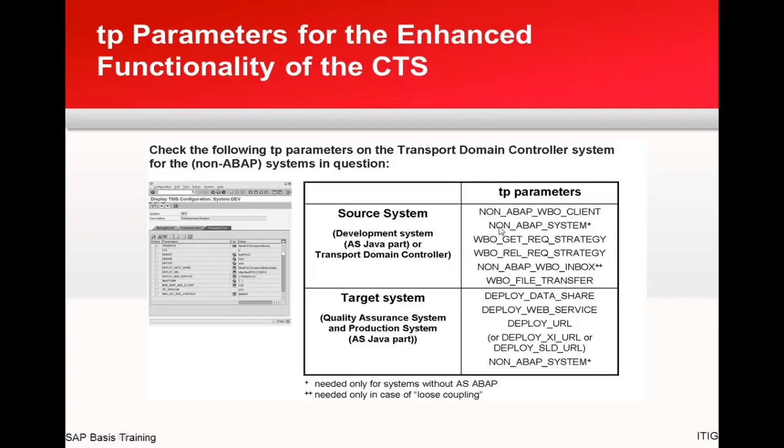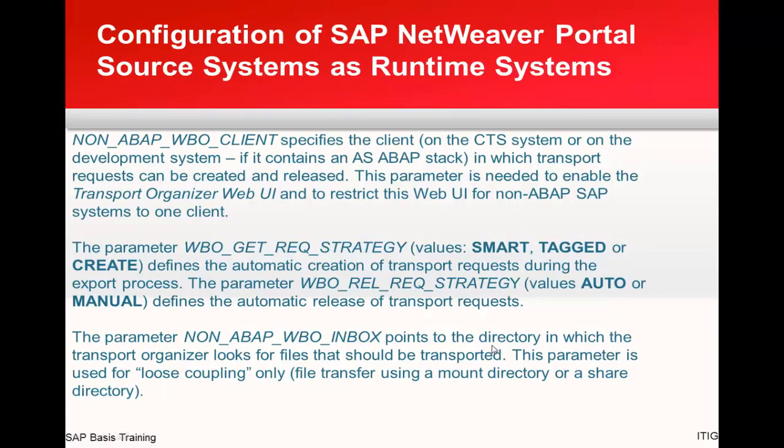This needs to be defined on your JPD system. Then this needs to be defined on your JPQ and JPP systems. The non-ABAP WBO client specifies the client on the CTS system or the development system, so it's on JPD, in which a transport request can be created and released.